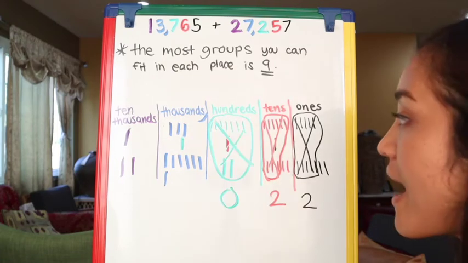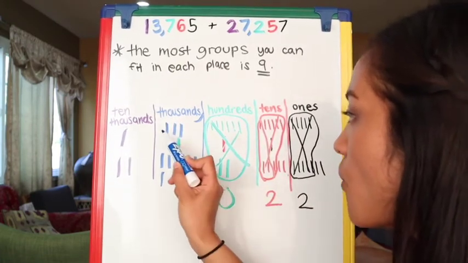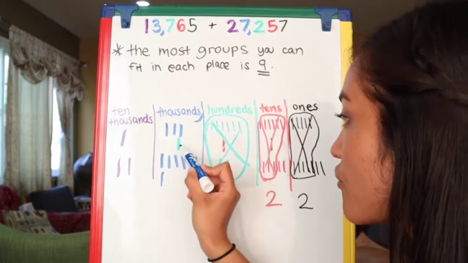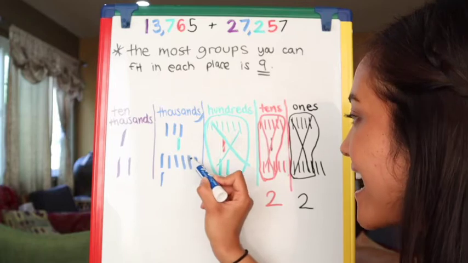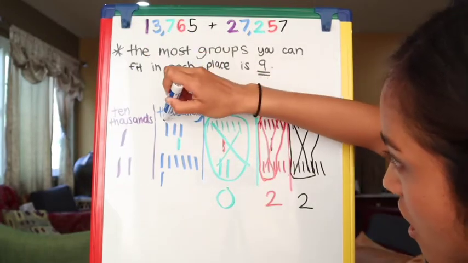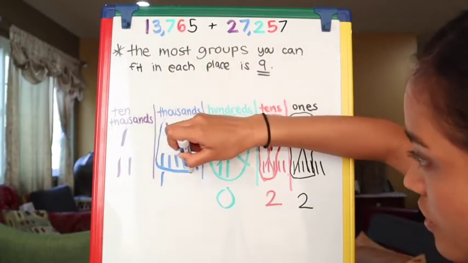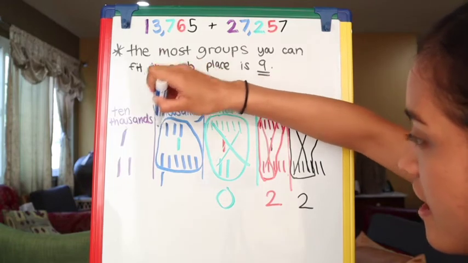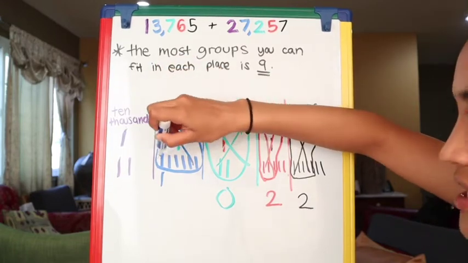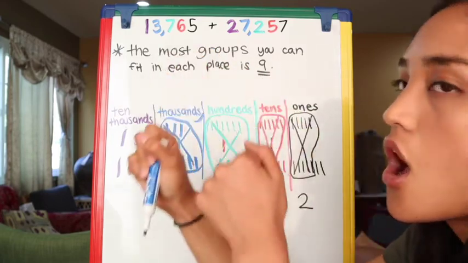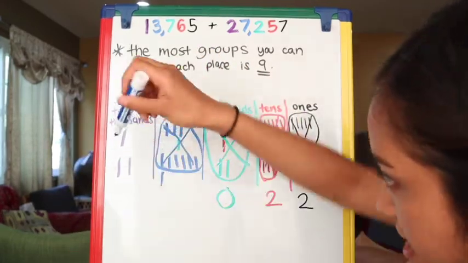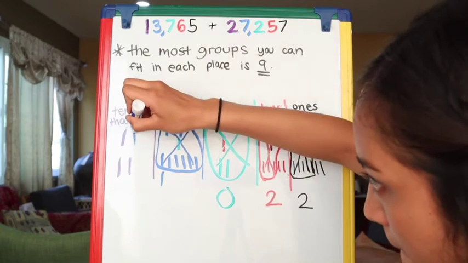Okay, moving on to our thousands place. 1, 2, 3, 4, 5, 6, 7, 8, 9, 10. Gonna circle this group of 10, cross it right out, and I'm going to move it on over to the 10,000s place.